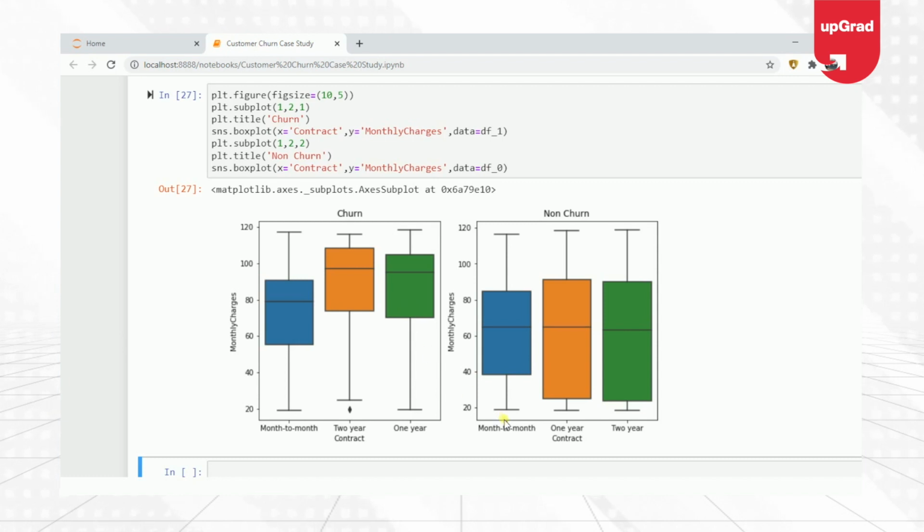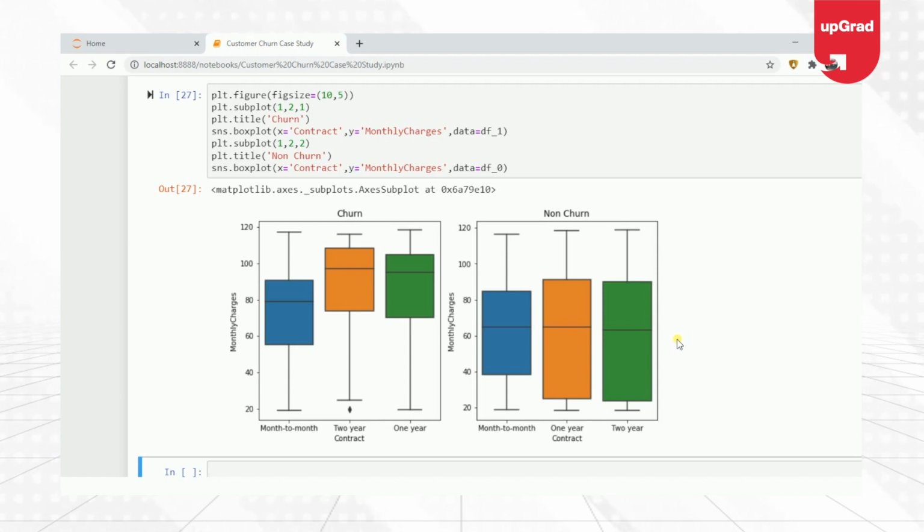Whereas if we compare the non-churn segment of the data, we see that the people have uniform spending habits here, right? They're not spending too much on their monthly charges. If you look at the medians here, the median is nearly the same for every contract type, whether it is month to month, 1 year contract, or 2 year contract.